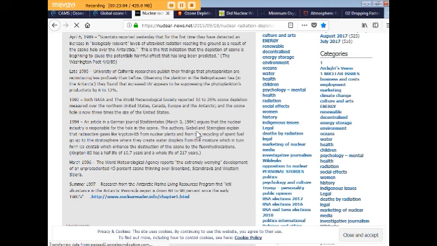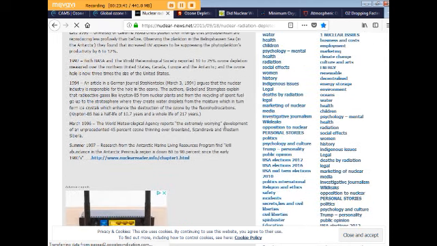The authors, Gabel and Sternglass, explained that radioactive gases like krypton-85 from nuclear plants and from the recycling of spent fuel go up to the stratosphere where they create water droplets from the moisture, which in turn form ice crystals, which enhance the destruction of the ozone by the fluorohydrocarbons. Krypton-85 has a half-life of 10.7 years and a whole life of 217 years. So that's not going away.